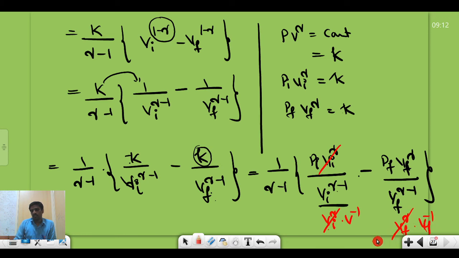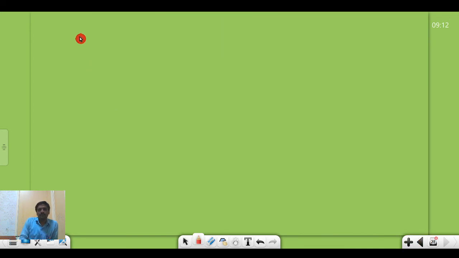This V f power gamma and V f power gamma are both cancelled. V i is in the denominator term, which is my negative term. If you send it to the numerator, then it will become a positive V i. Then this formula can be written as 1 by gamma minus 1 into bracket open P i V i minus P f V f we are getting.